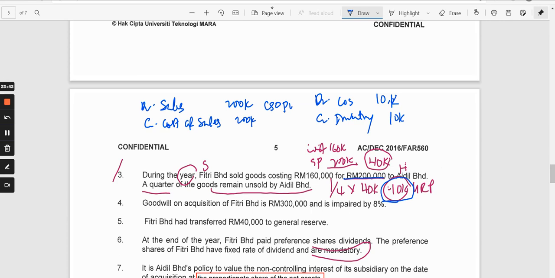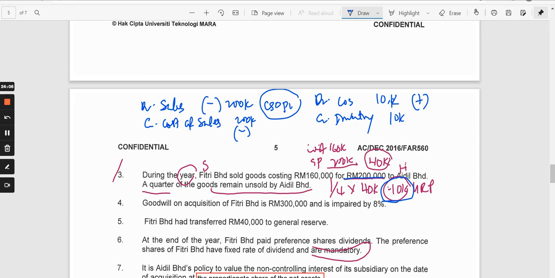So that will be adjusted in your cost of sale. Here you will add, and the sales will be adjusted, of course, in the turnover section. That will be reduced. Here it will also be reduced. The inventory will not appear because this is not preparation of the consolidated statement of financial position.